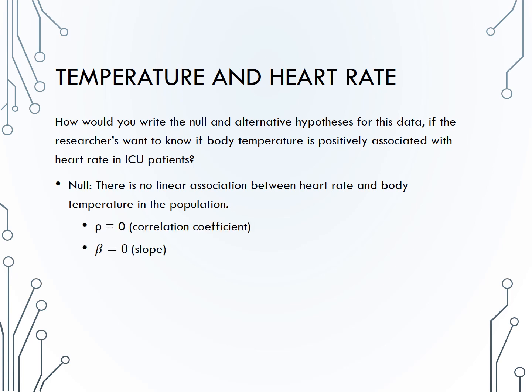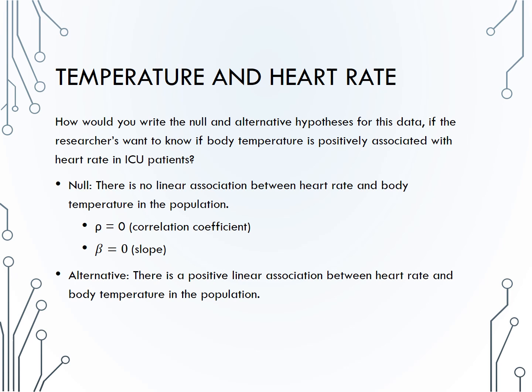We could write that notationally to either say rho is equal to 0 if we wanted to do a test for correlation coefficient, or slope is equal to 0 if we wanted to do a test for slope. The alternative hypothesis is that there is a positive linear relationship between heart rate and body temperature in the population, or notationally, rho is greater than 0, or beta is greater than 0.